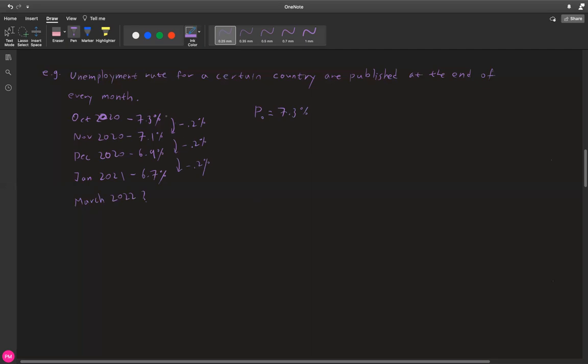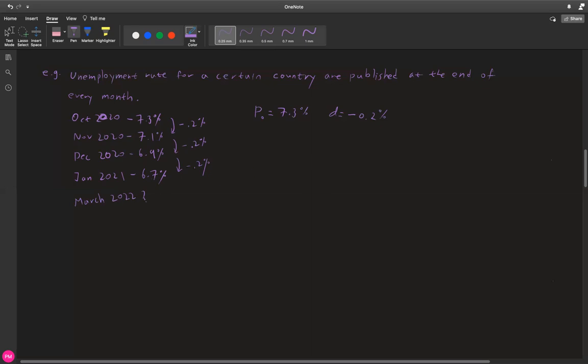And since we know that each month it's decreasing by 0.2%, we can determine that the common difference here is negative 0.2%. We can confirm that by checking the first few terms, how each month is decreasing by 0.2.